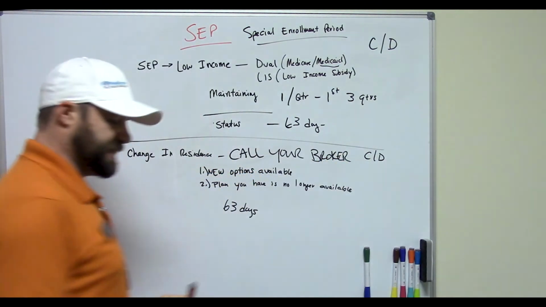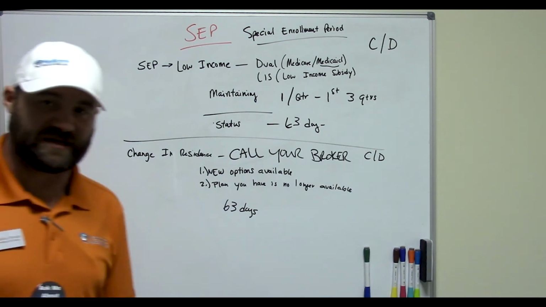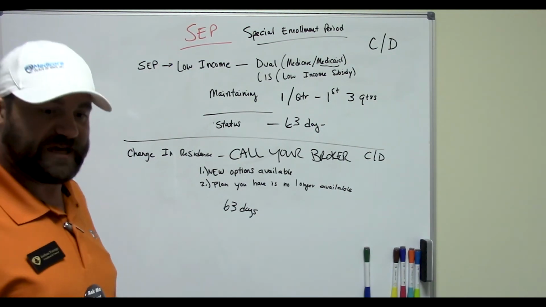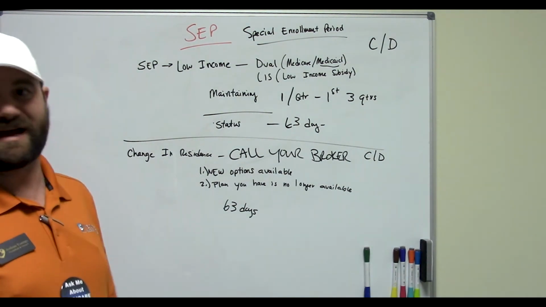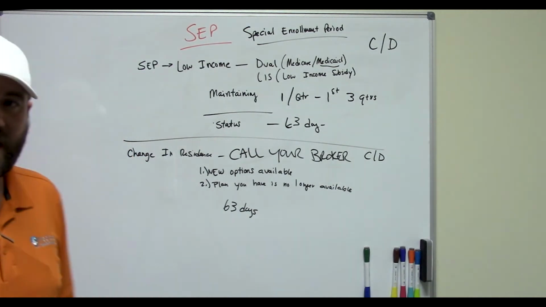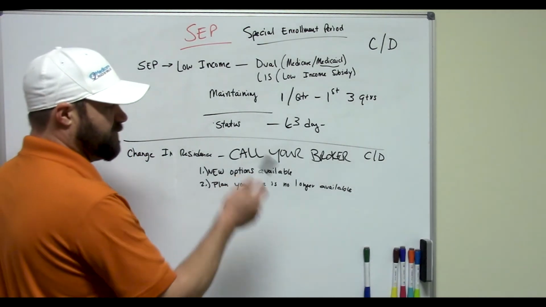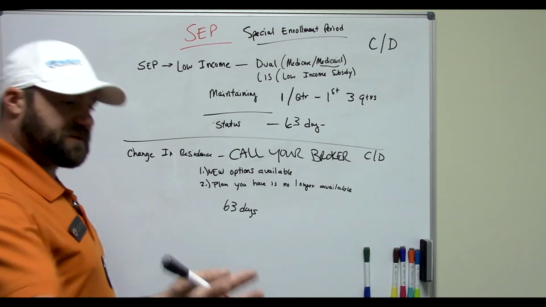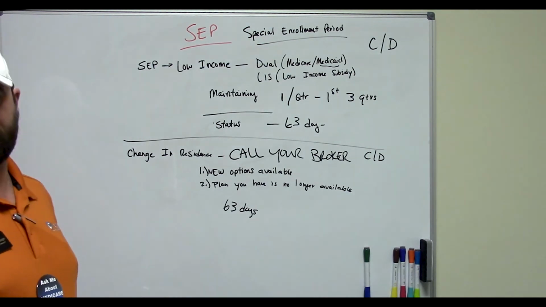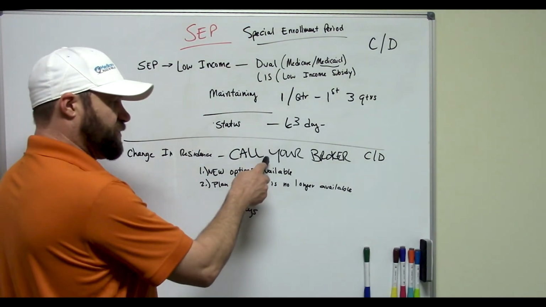Even if you're changing states, don't just assume they're not in that other state you're moving to. Like me, for example, I'm licensed in 20-something states, and I'll add pretty much any state for the most part, with a few exceptions. For anybody that moves, or whenever I get a new opportunity from someone that needs help somewhere else, I will get licensed wherever I need to. So check with your broker. They might do that.